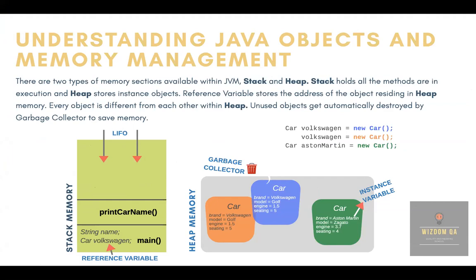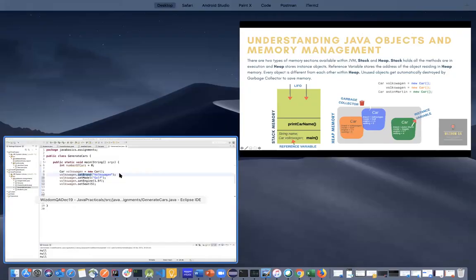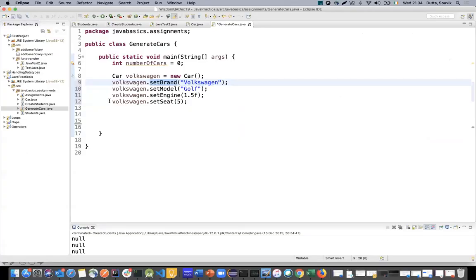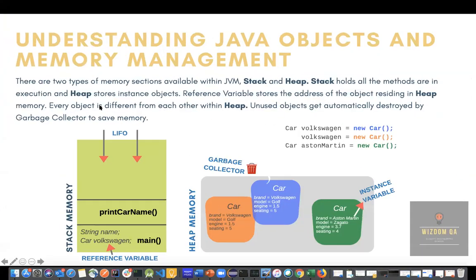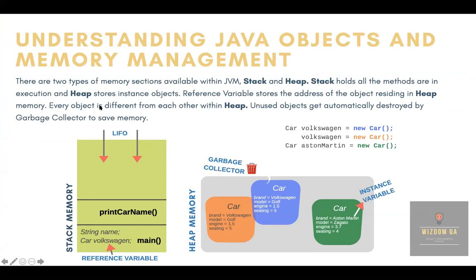Okay, that's what is happening. Last in, first out. Which means the seat which is last in inside the stack memory, once the execution is done, gets out of the stack memory location.